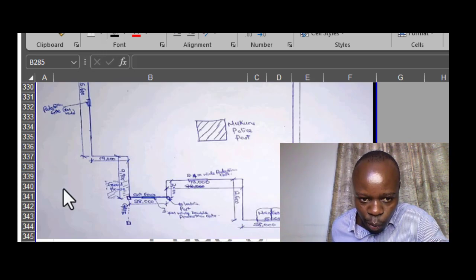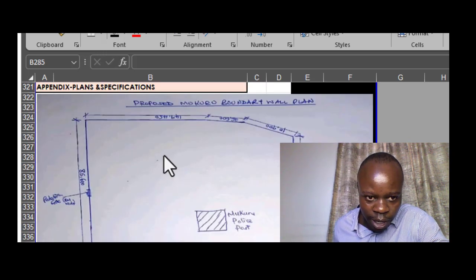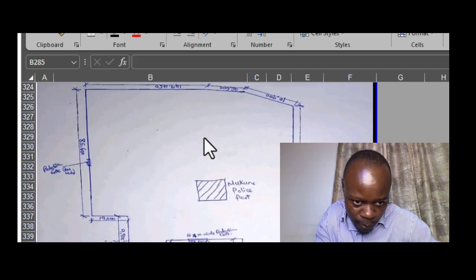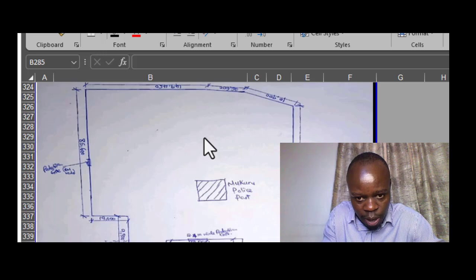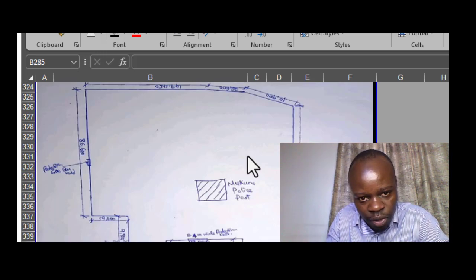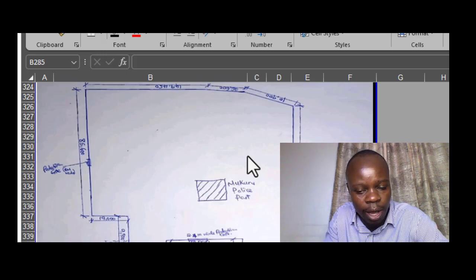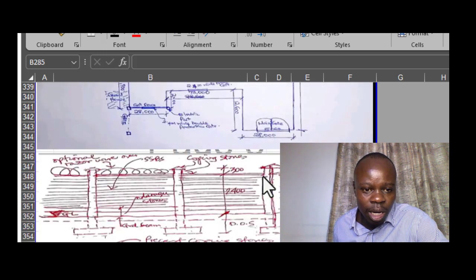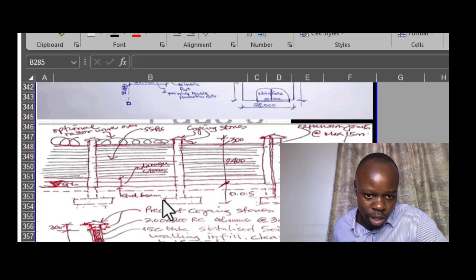So what I have here was an identical sketch in terms of the plan of whatever was measured, where the fence was to be done. Once this is available, of course you have running lengths and so on. Then you are expected to translate the lengths in meters.